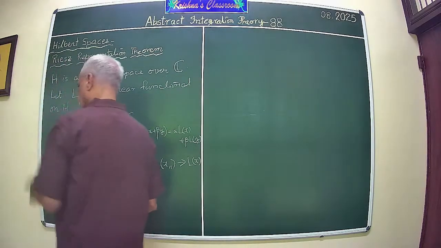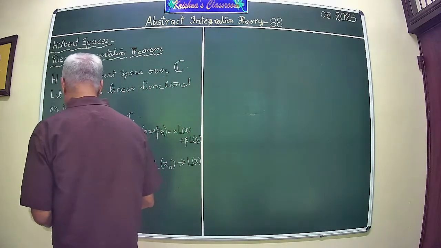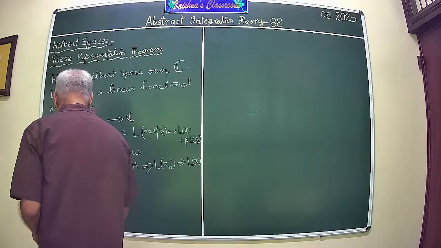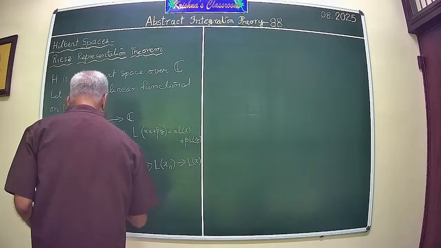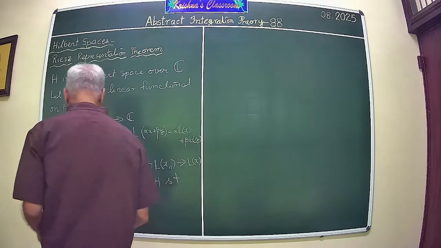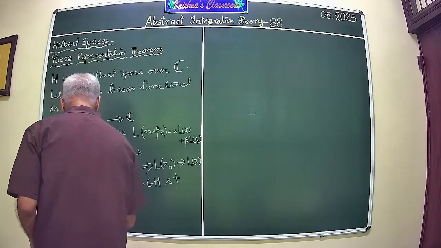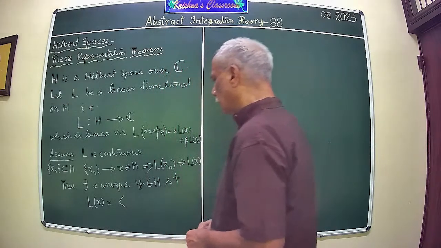I shall state the theorem later. Then we prove that there exists a unique y belonging to H such that Lx is equal to the inner product of x with y, which is expressed in terms of the inner product.